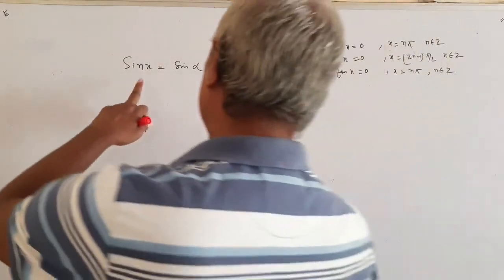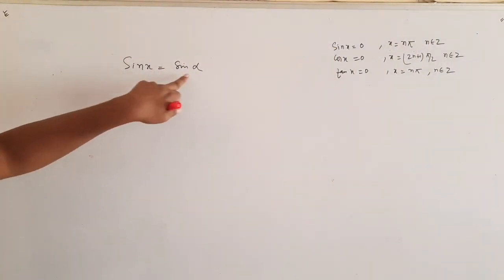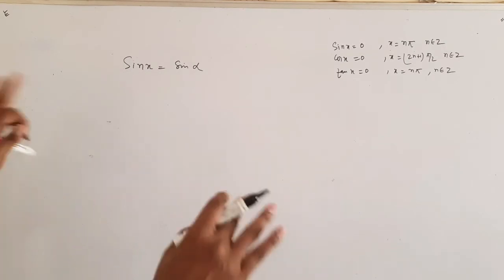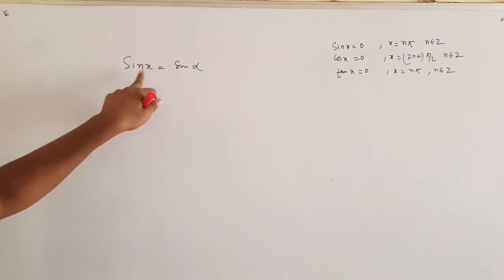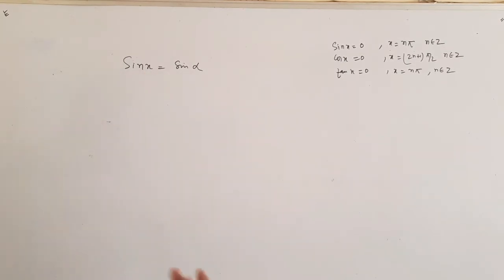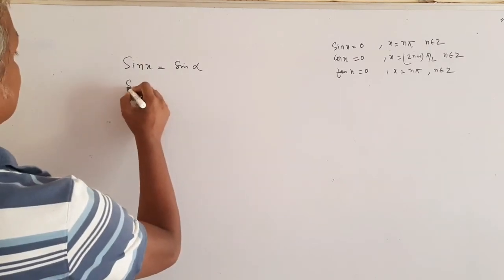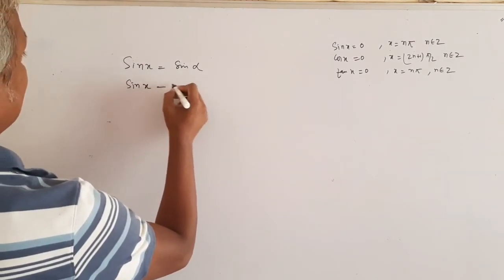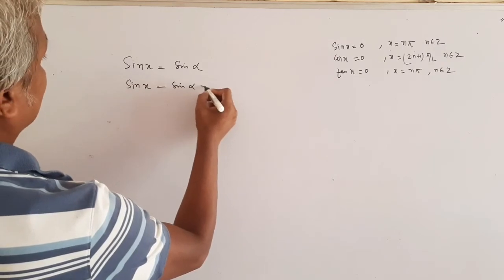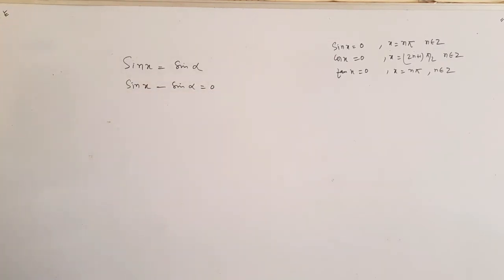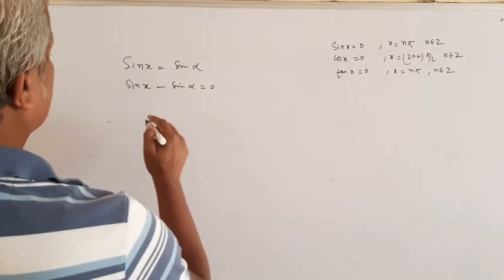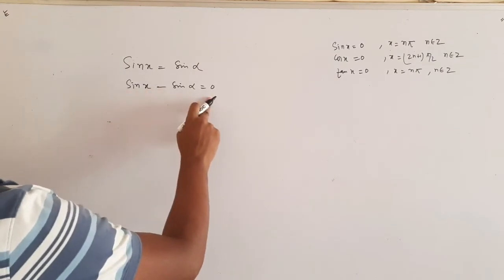Now in this case, sin x is not 0 but it is some value which can be expressed in the form of sin. So sin x is sin alpha. How to solve this one? So better we'll do this like sin x minus sin alpha is 0. We know that when you have this kind of situation, there is the sin C minus sin D formula.